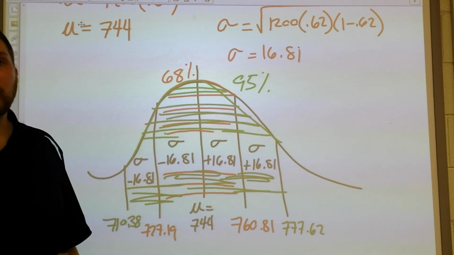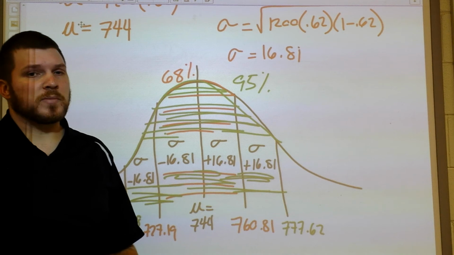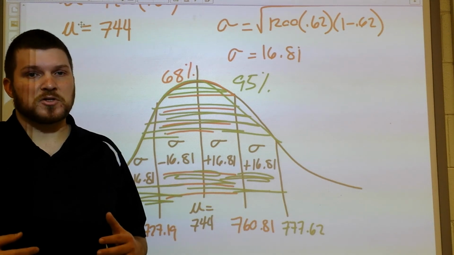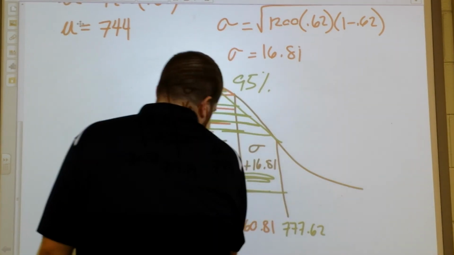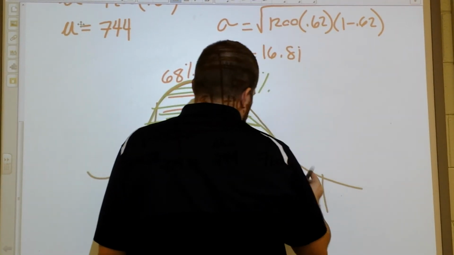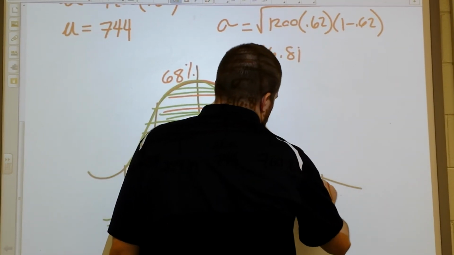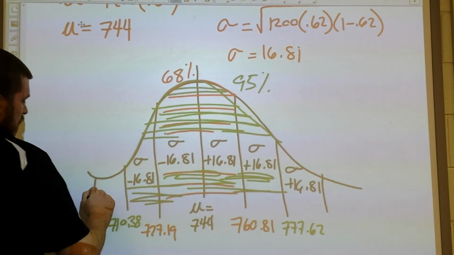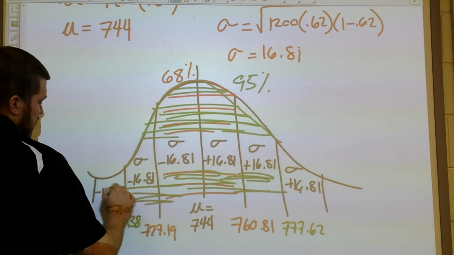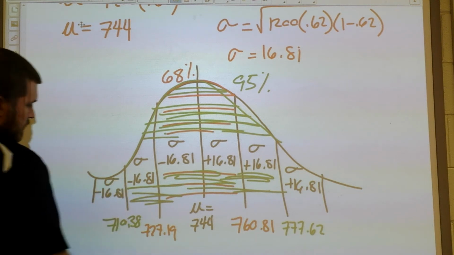Let's do 3 standard deviations. In other words, we're going to be 99.7% confident that all voters are going to fall in this range. So 3 standard deviations. That means we're going to go plus 16.81 above the mean one more time, minus 16.81, which means we're going to go 3 standard deviations below the mean.